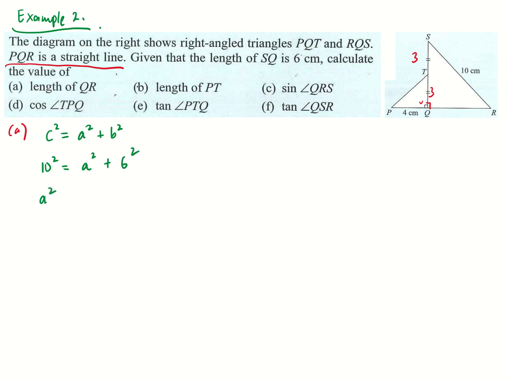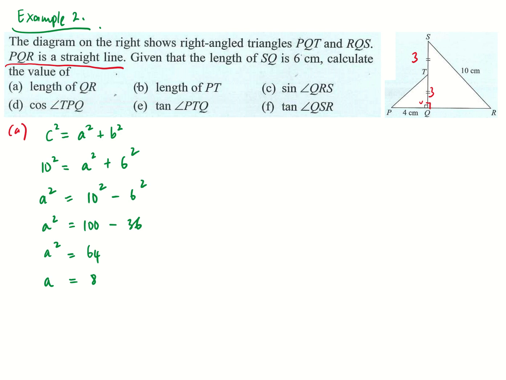So A square equals 10 square minus 6 square. 10 square is 100, 6 square is 36. So A square equals 64. So A is the square root of 64, which is 8.